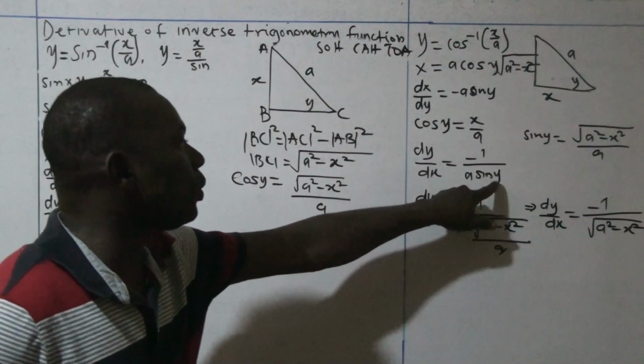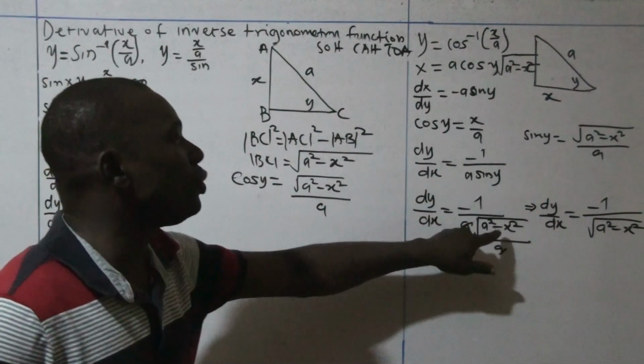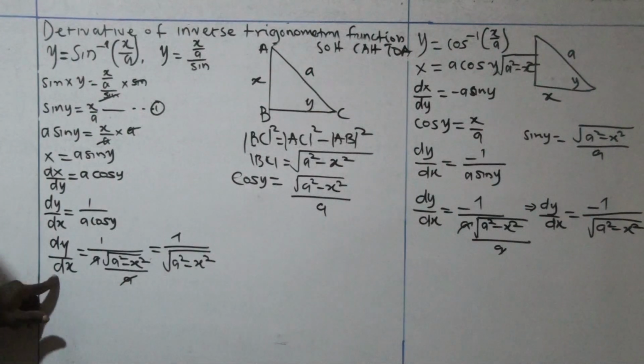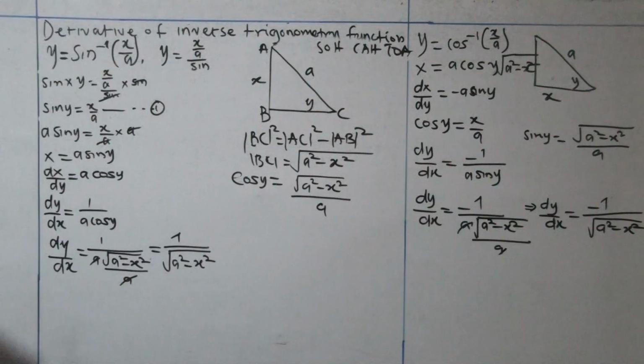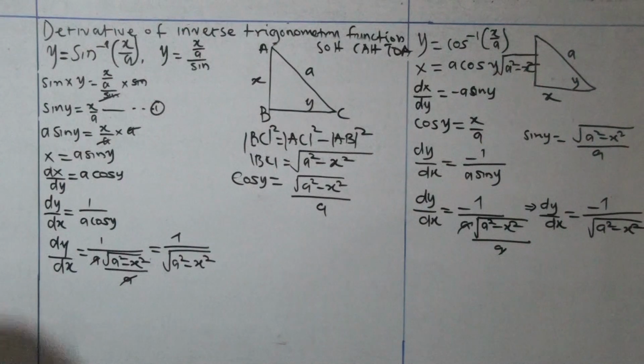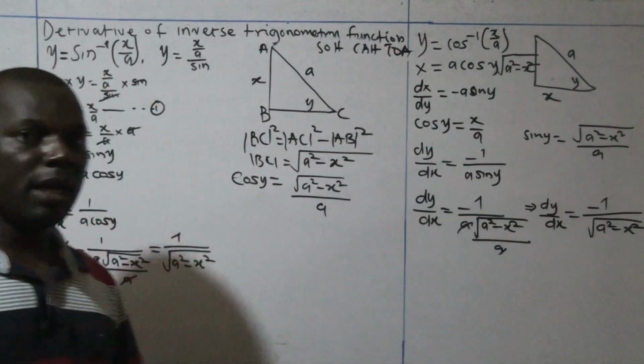The essence of this is that we don't want to see y, we want to see x, because we are differentiating with respect to x. So dy/dx for sine inverse of x over a is 1 all over the square root of a squared minus x squared, and for cos inverse of x over a, it is minus 1 all over the square root of a squared minus x squared.